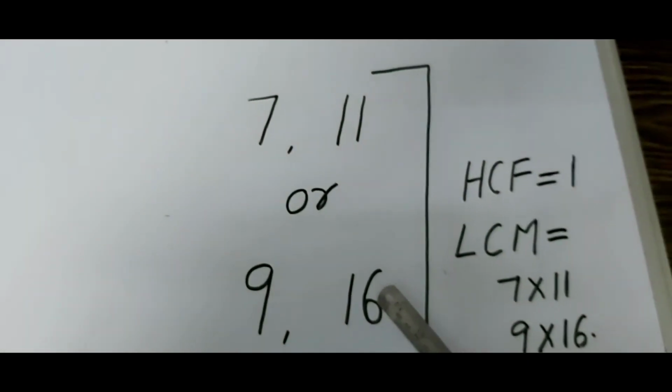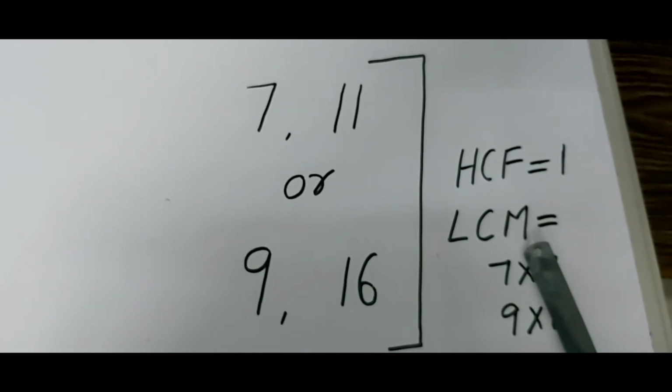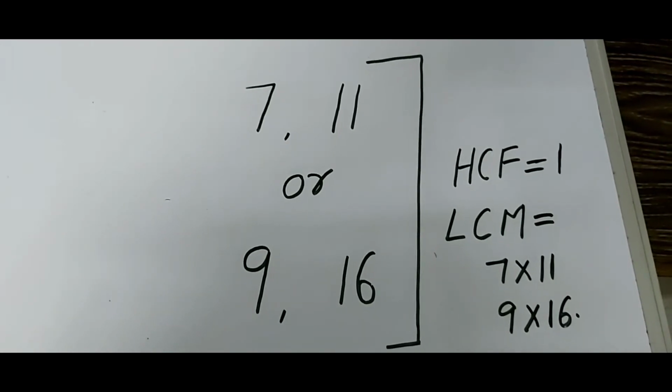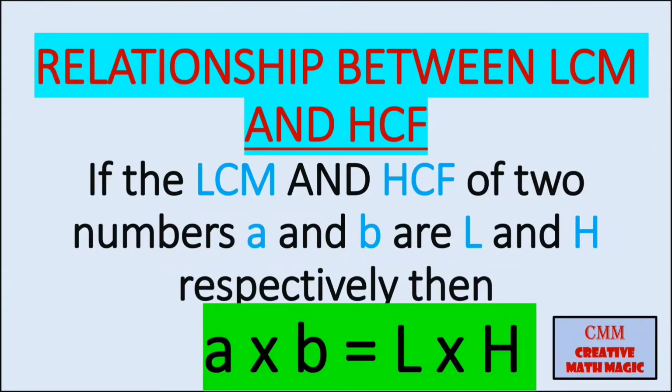If the given numbers are primes or co-primes, HCF is always equal to 1 and LCM is equal to product of the given numbers. The relationship between LCM, HCF and given numbers is A into B is equal to L into H.